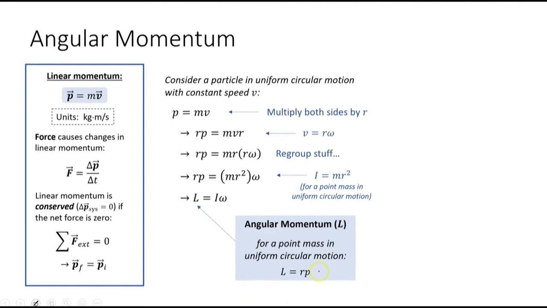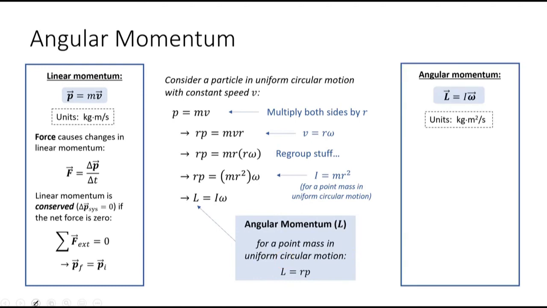It's nice because it has that same symmetry with, remember, all of our translations between our linear quantities and our rotational quantities. But in general, it's better to remember that L is equal to I times omega, since this term in the blue box is only true for a point mass in uniform circular motion.